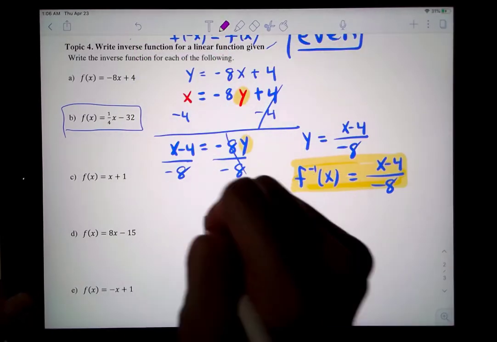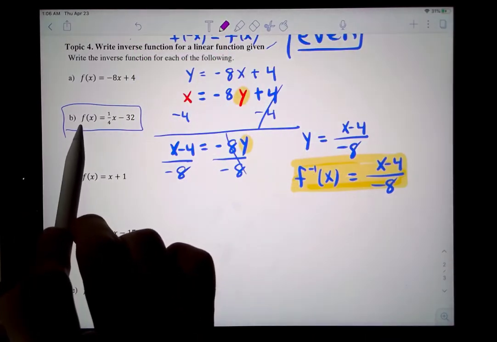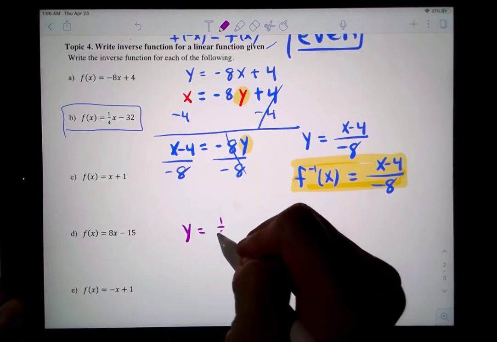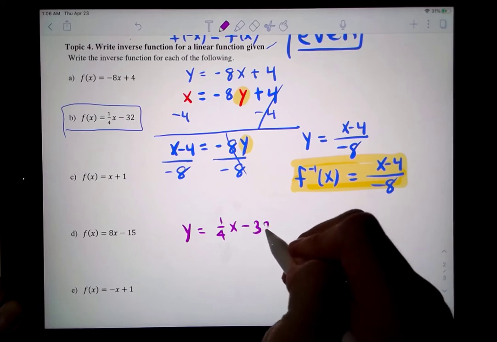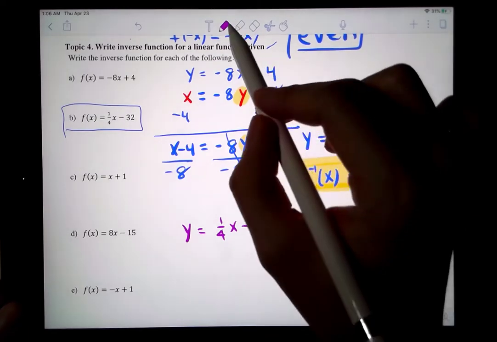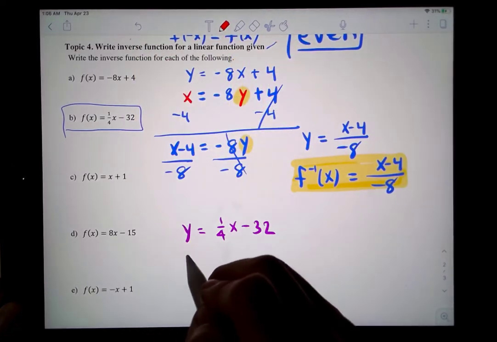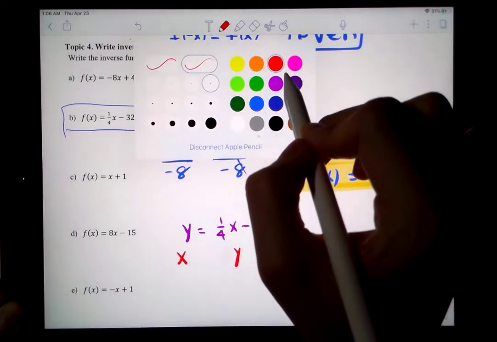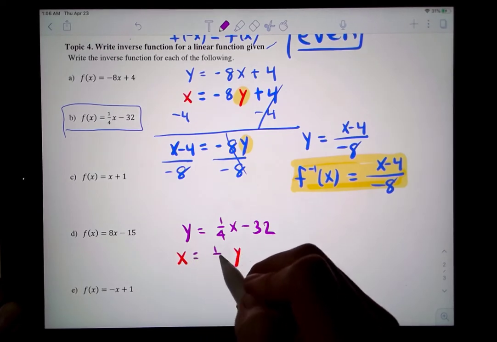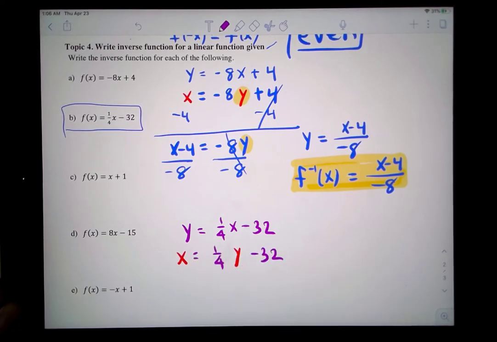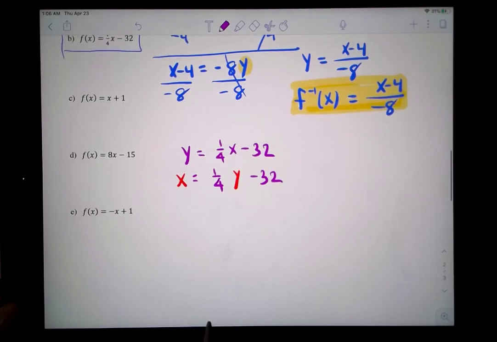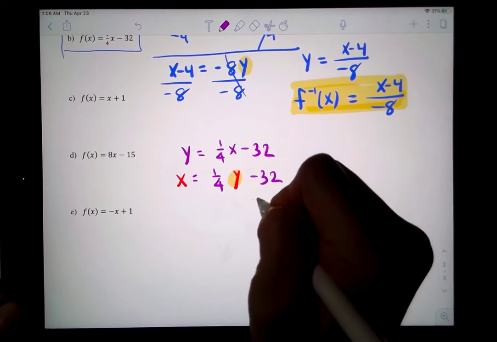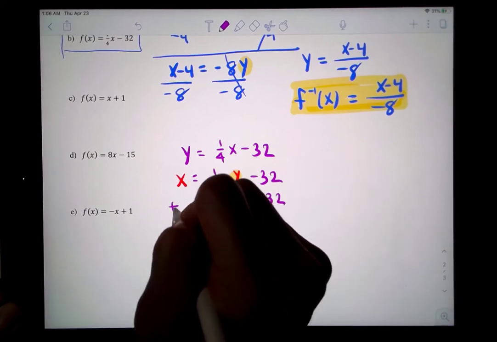So first, how do I write it? Change it to y, right? So just write y equals 1 over 4 times x minus 32. And then we switch x and y. So you write y for x, and keep everything the same. And then you need to isolate your y. So cancel the number.